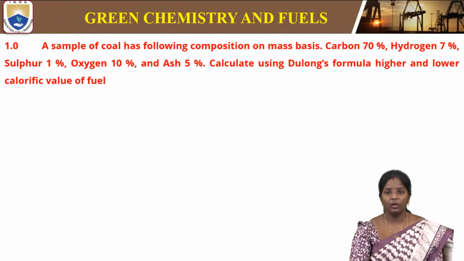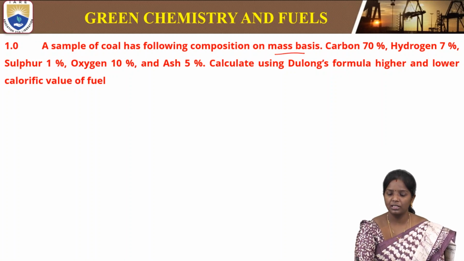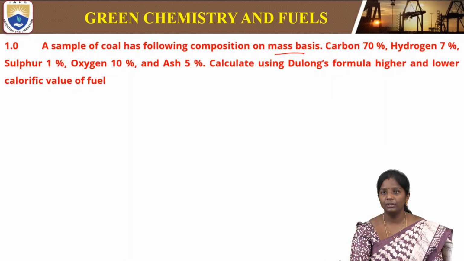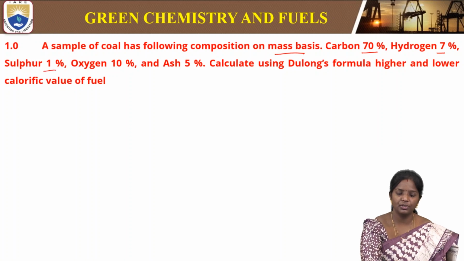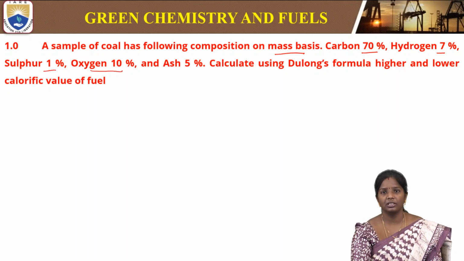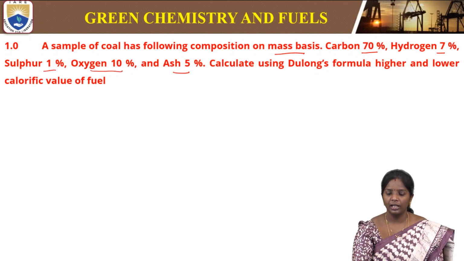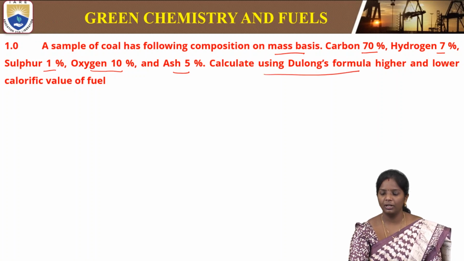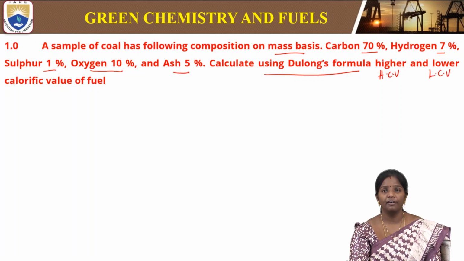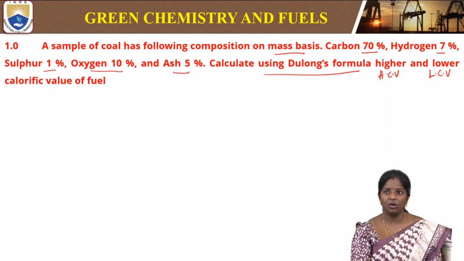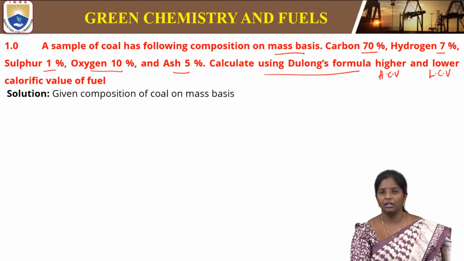A sample of coal has the composition on mass basis: carbon is 70%, hydrogen is 7%, sulfur is 1%, oxygen is 10%, and ash is 5%. Calculate using Dulong's formula the higher and lower calorific value, that is HCV and LCV, of this fuel. The coal has this composition after testing.